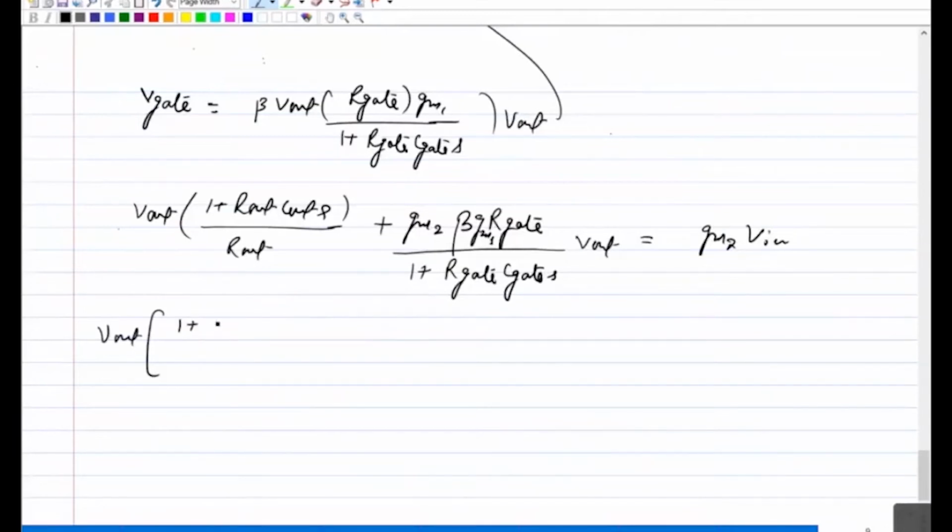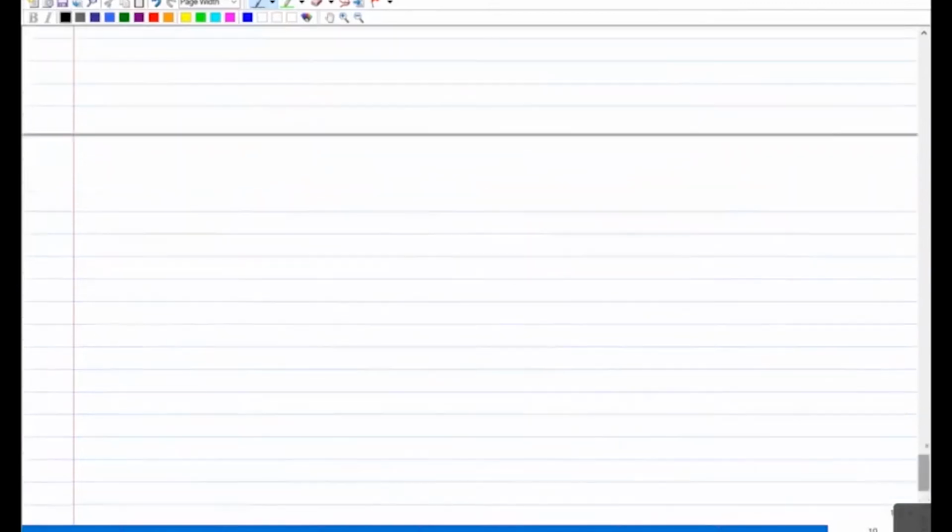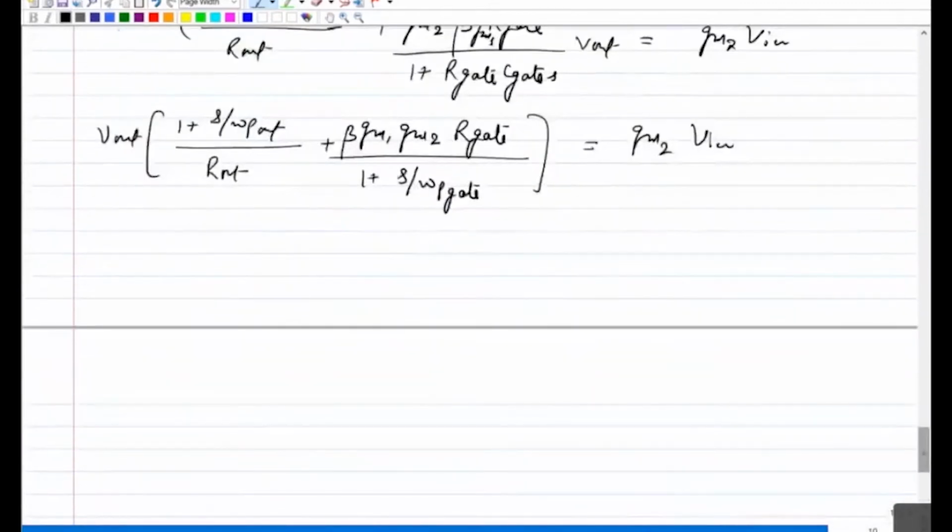I can write this as 1 plus S over omega P out, divided by R out, plus gm1 gm2 beta R gate divided by 1 plus S over omega P gate, equal to gm2 V in.